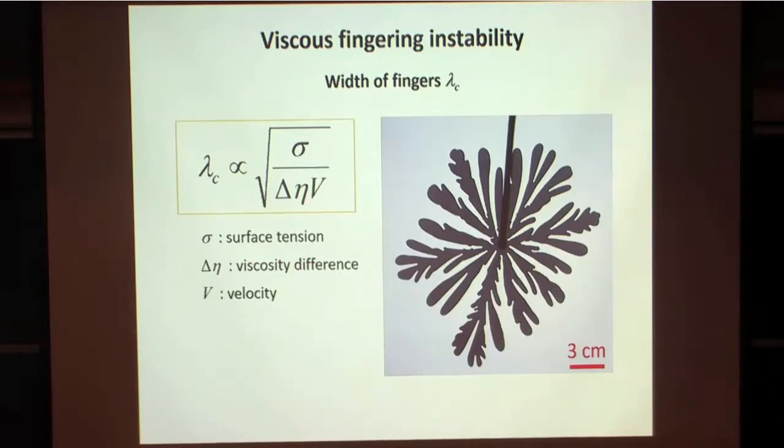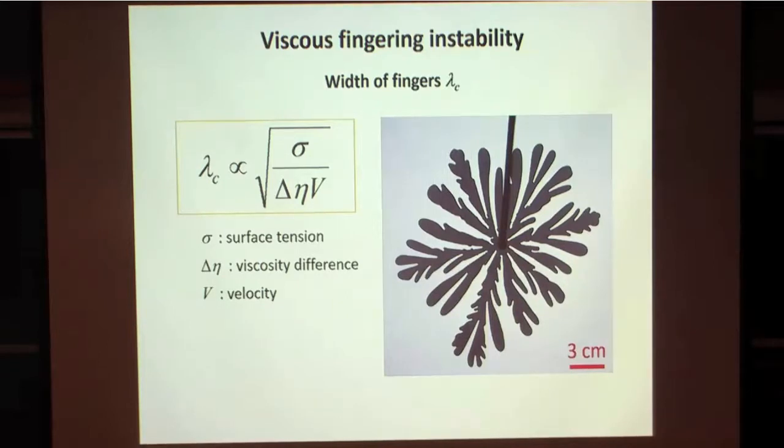And the last one is the surface tension between my fluids. What this equation tells you is that if you look at your pattern and the pattern of the person sitting next to you, and your pattern has thinner fingers, that means you did the experiment more quickly. So these three parameters, surface tension, viscosity difference, and velocity, determine the width of the fingers that you get in your final structure.